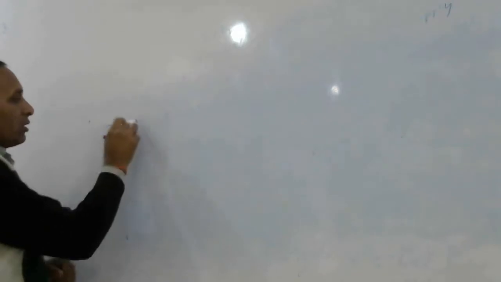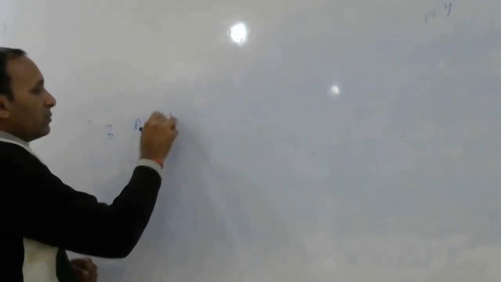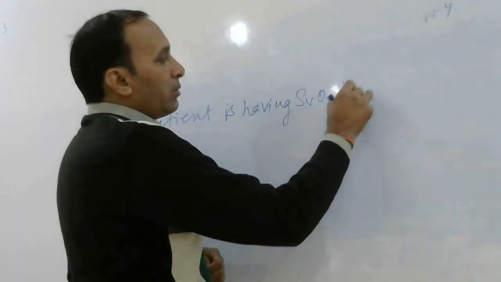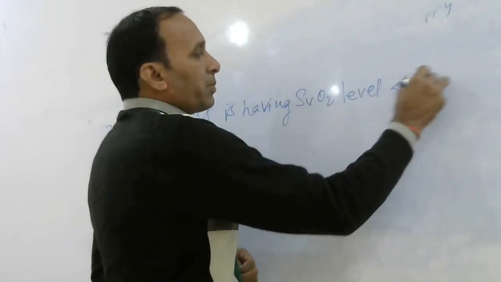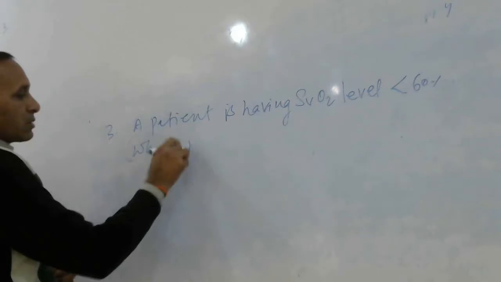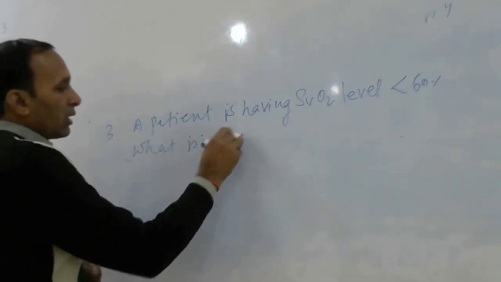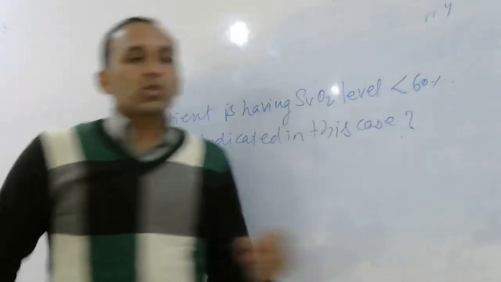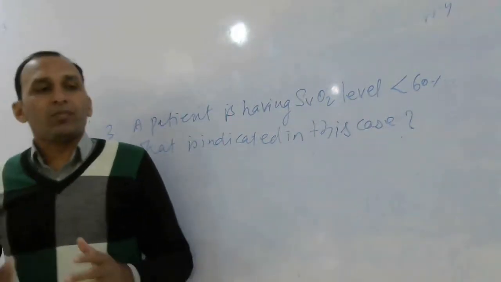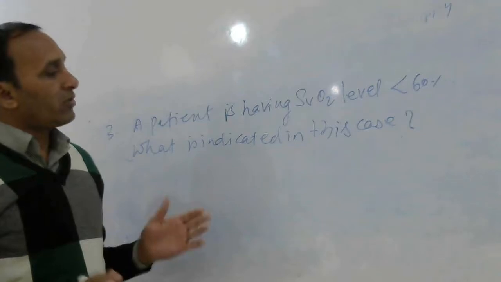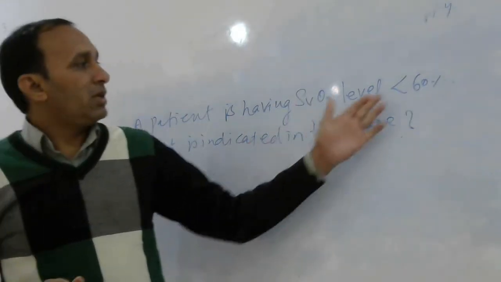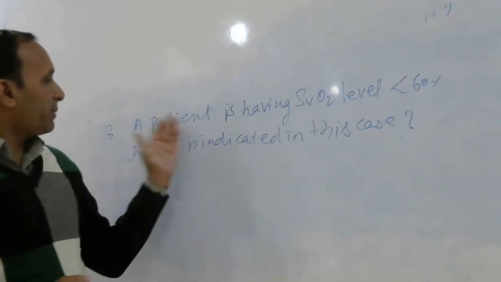So next question, student, question number 3. A patient is having SpO2 level less than 60%. What is indicated in this case? So student, understand the question. This is a practical, or we can say an applied question. So they are asking about SpO2 level less than 60% in a patient case.